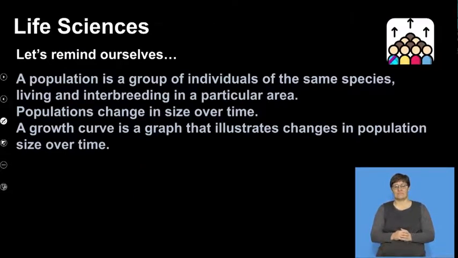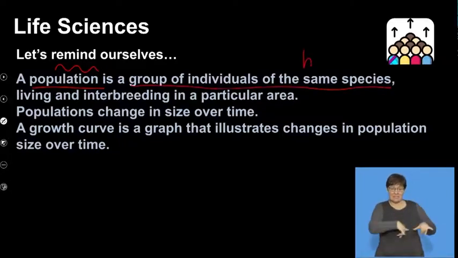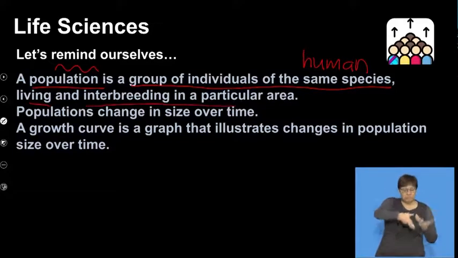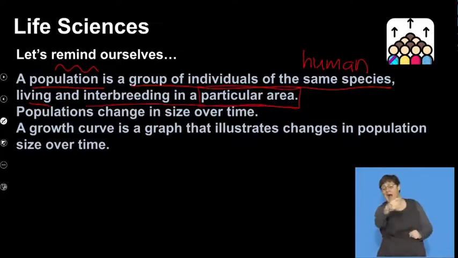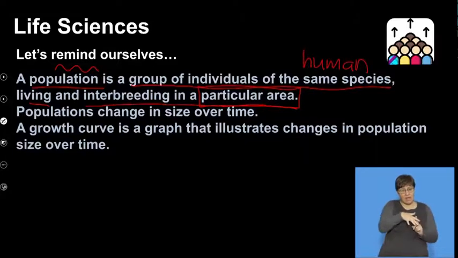In terms of revision or reminding ourselves of where we stand, we know what a population is. It's a group of individuals of the same species, and in this case, we're talking about the human species living and interbreeding in a particular area. Now, for other populations, that particular area seemed to be localized.